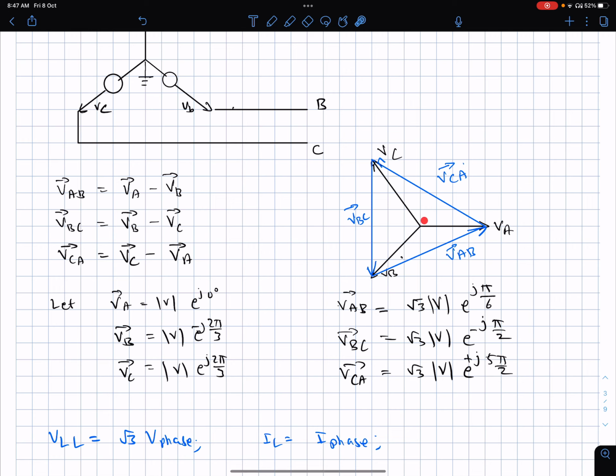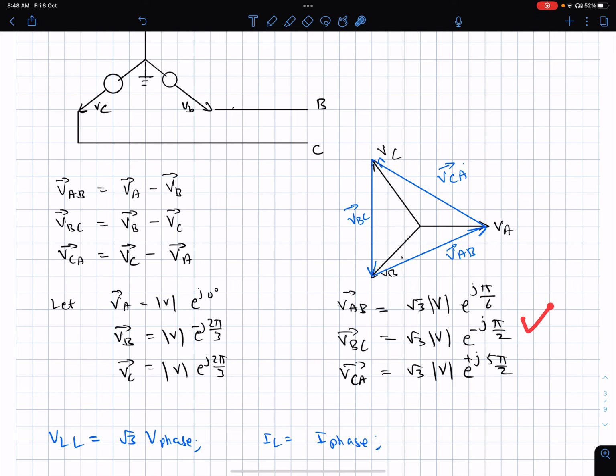You will get root 3 by 2 times VA as half of this length, which you multiply by 2 for the other half, and you will get the length as root 3 VA. And this angle is going to be 30 degrees. So it's a very simple geometry.